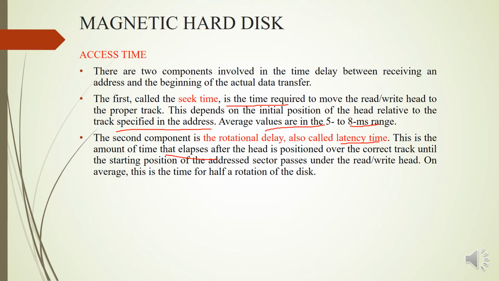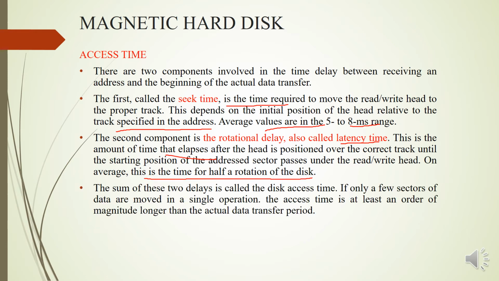On average, this is the time for half a rotation of the disk. The sum of these two delays is called disk access time. If only a few sectors of data are to be moved in a single operation, the access time is at least an order of magnitude longer than the actual data transfer period.